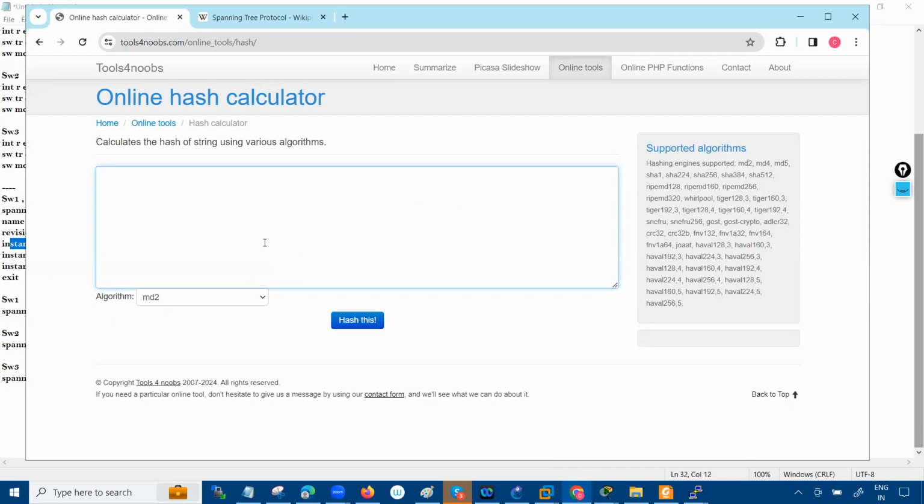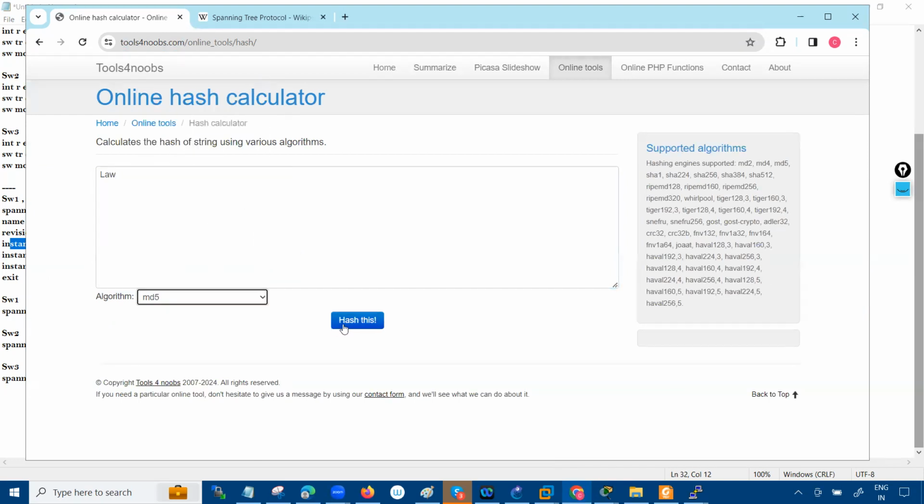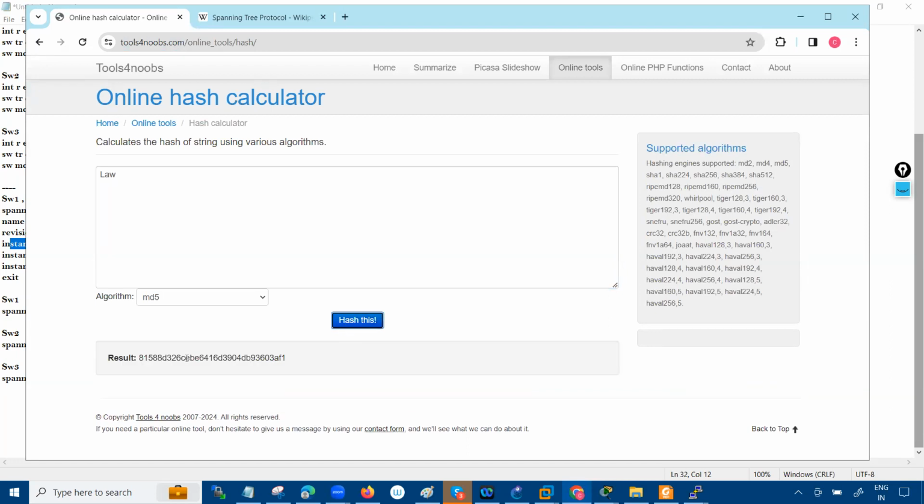So take an example, I just put any name, for example the name CCIE, or maybe it's in lowercase. If you see that, I'll just put L with capital L, E small, W small. Generate the hash. Let's go with MD5. That's a more global way. So I have a hash value for this.